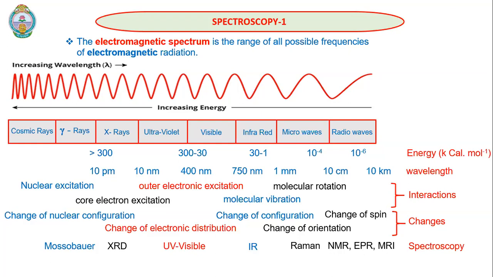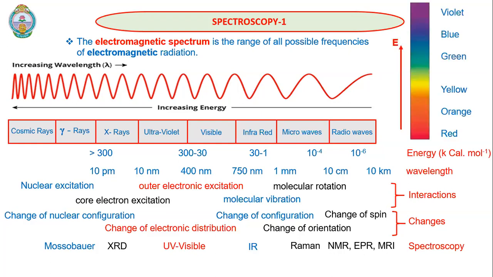As I said, cosmic rays are highly dangerous, so we don't have any spectroscopic techniques on cosmic rays. In the visible, we have VIBGYOR, violet to red. Violet light is of high energy, red light is of low energy or longer wavelength.